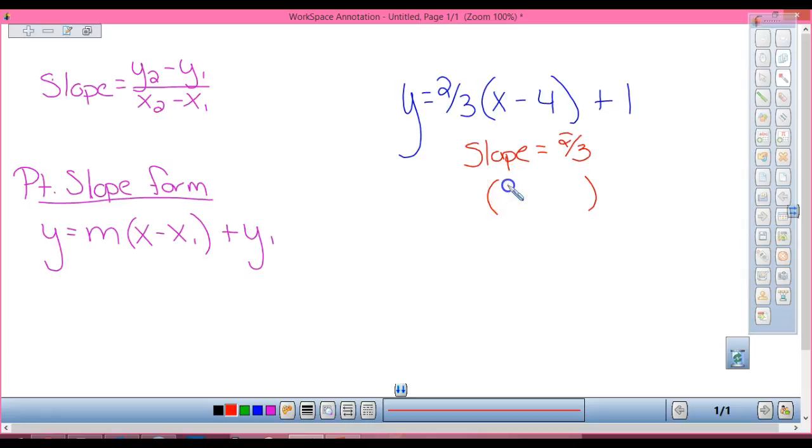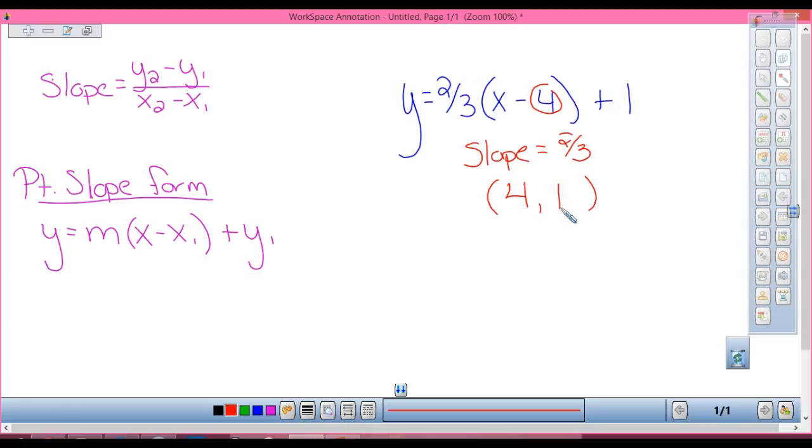Real careful. It's just 4 because it's x minus x1, right? So if that's a minus sign, this is a positive number, right? Okay, and then my y is a positive 1 as well because we want that to be a plus.